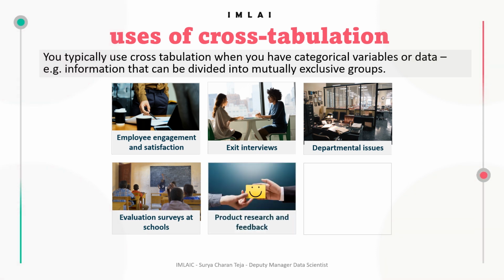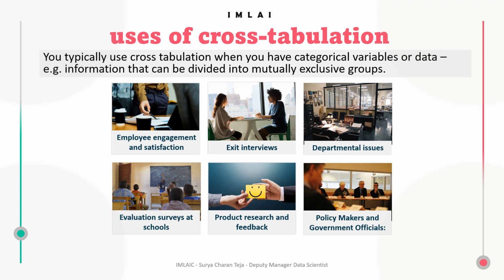And product research and feedback. How do certain demographics feel about your product? What would you like to see? And how does feedback differ from region to region? And what about customer satisfaction? So here we will use the product research and feedback. For this usage, we use cross tabulation that will give you the exact information.